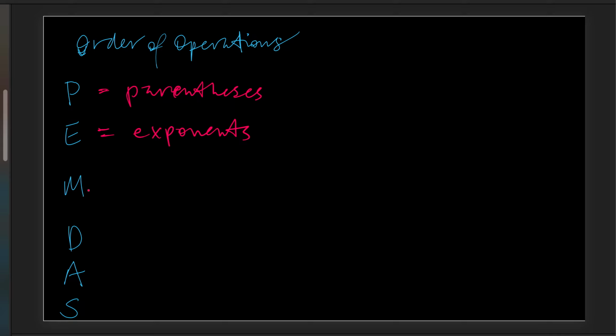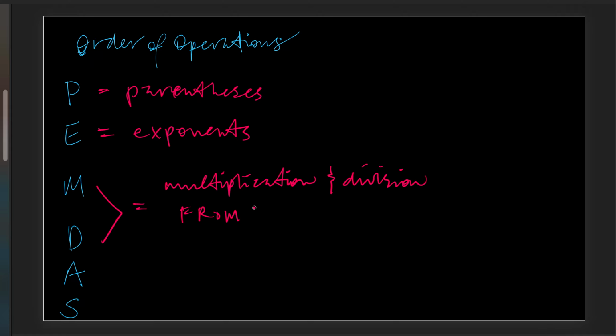Now these two, multiplication and division, come together. That's the thing that is not explained very well at all, usually in classes. M for multiplication, and D for division. From left to right though.